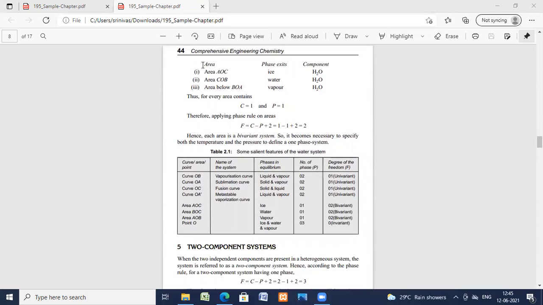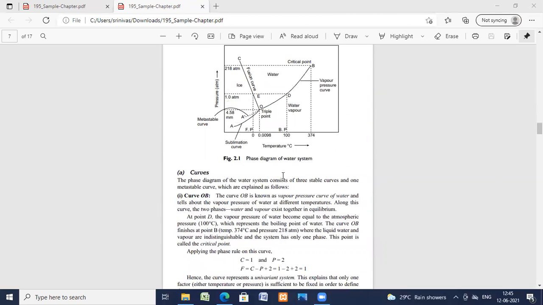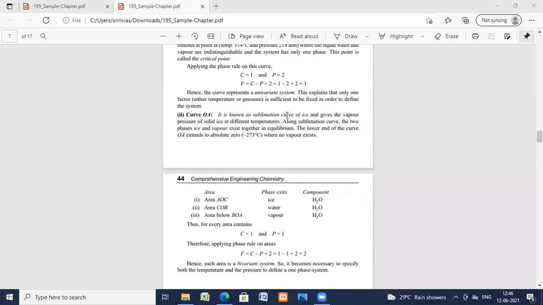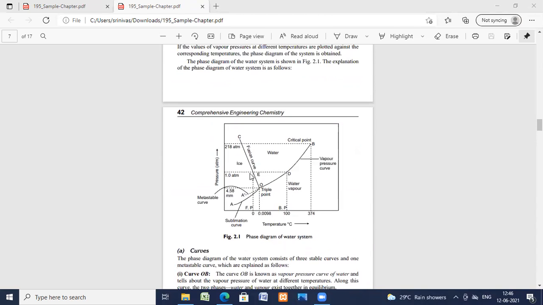And let us go on to the areas: AOC, COB, and BOA. So here we have ice, water, and water vapor. AOC is ice, BOC is water, BOA is water vapor.